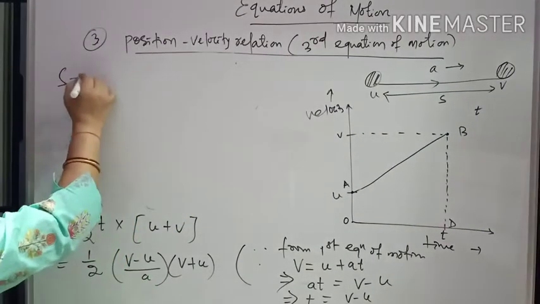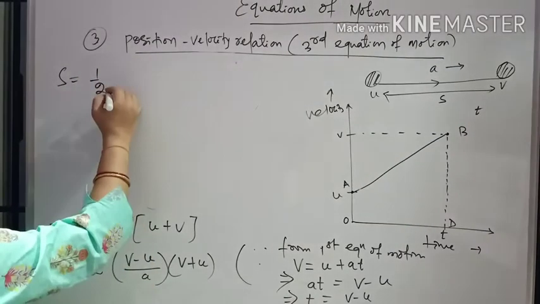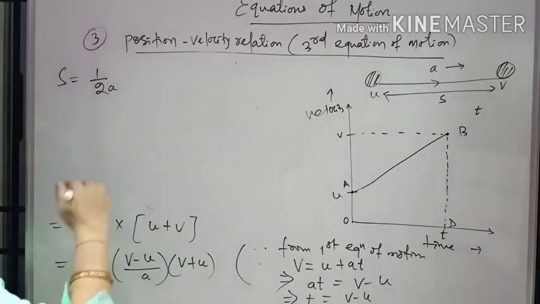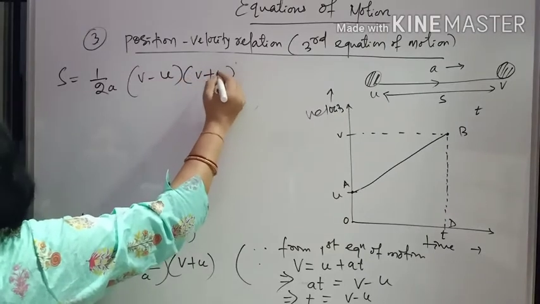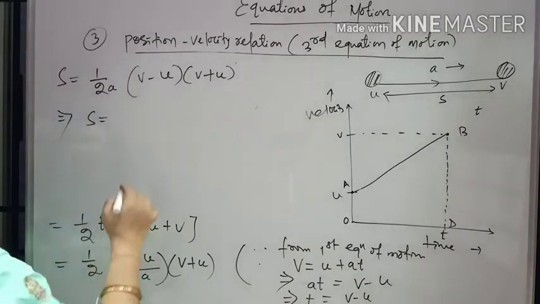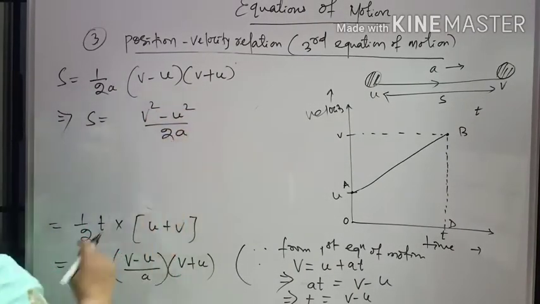So this s will be equal to half. The a, which is in the denominator, I am writing here, so this is 1 by 2a. Look at this, v minus u into v plus u. And what is v minus u into v plus u? That is nothing but v square minus u square, by 2a.